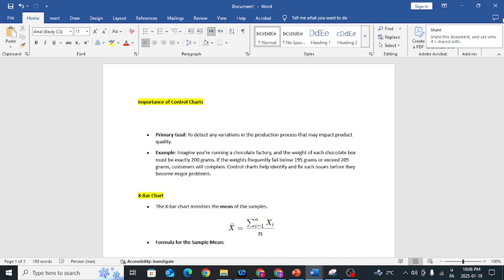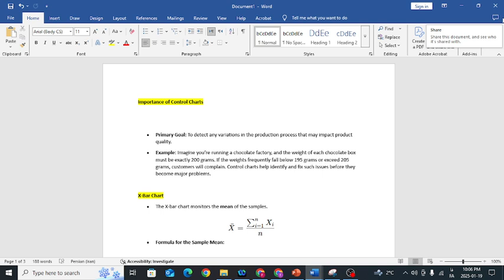These concepts help us understand how data behaves, how variability is distributed, and how we can predict process outcomes. Then we introduced the concept of Six Sigma, a comprehensive and highly effective methodology designed to minimize defects, optimize processes, and achieve near perfect quality.